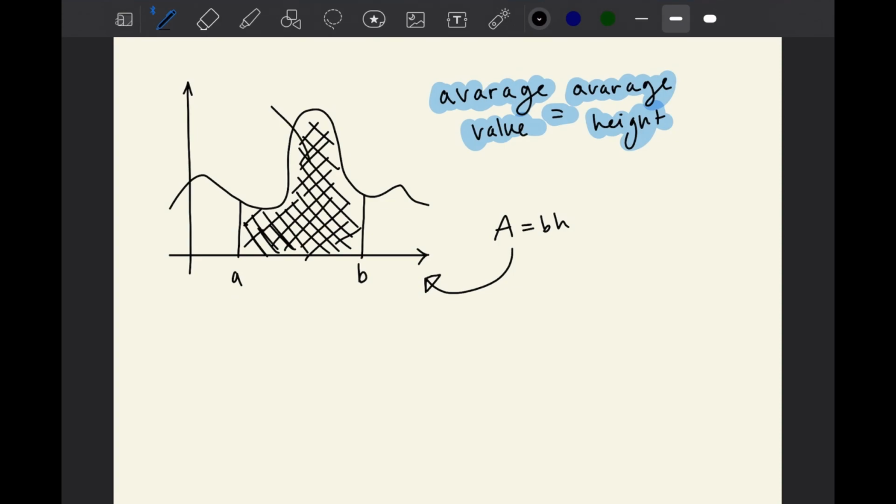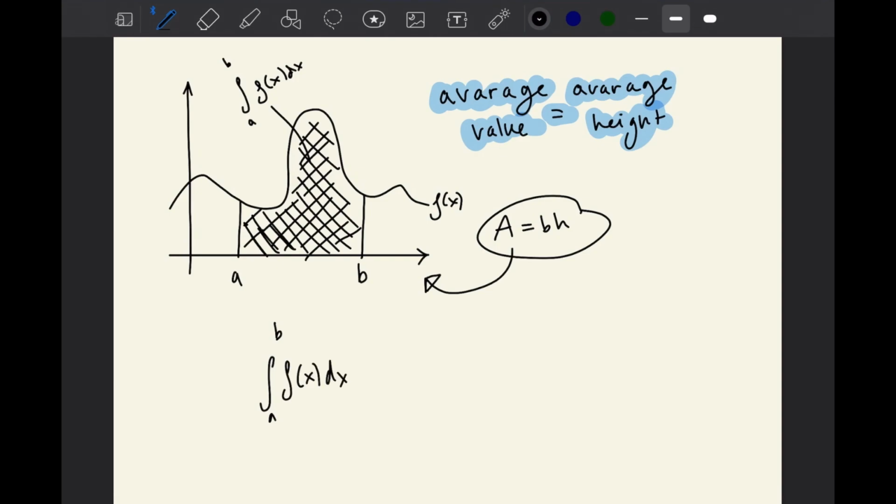So this right here is the integral of the function. Let's say that this is f of x. This right here is going to be the integral between a and b of f of x dx. Going back over here, the integral from a to b of f of x is going to equal the function's average times the base.